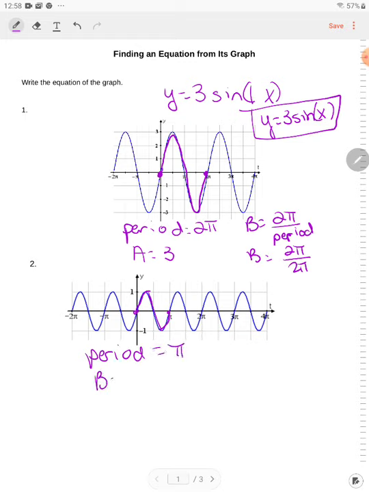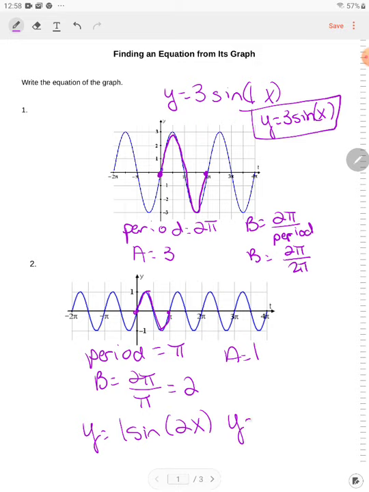Our b value is 2 pi over the period, 2 pi over pi, which gives us a b value of 2. Notice again, the amplitude is 1 for this one, but it's not shifted up or down or right or left. So y is equal to amplitude 1 sine of bx, 2x. So your equation is y is equal to sine 2x.